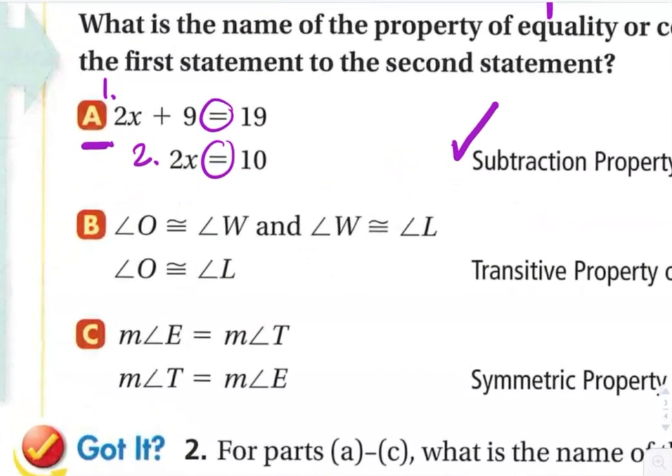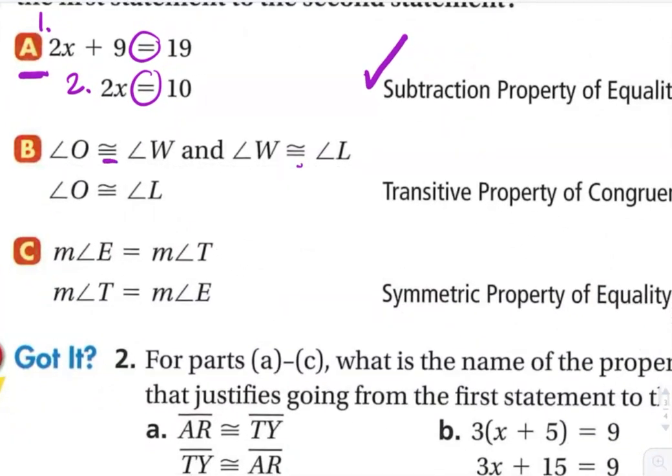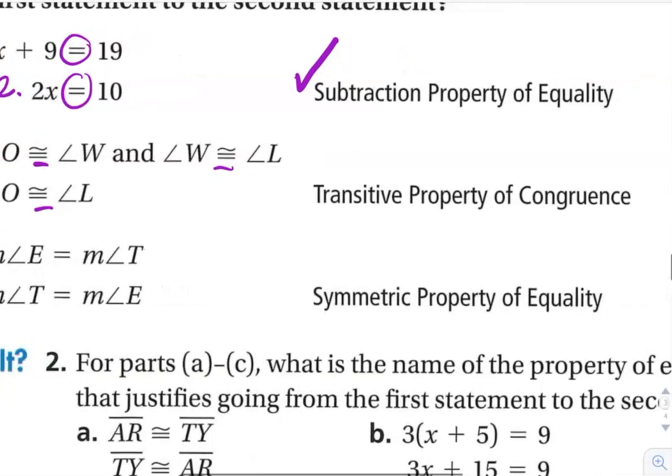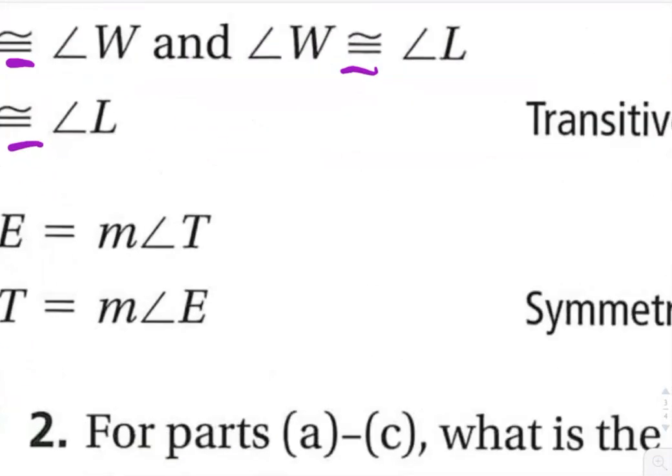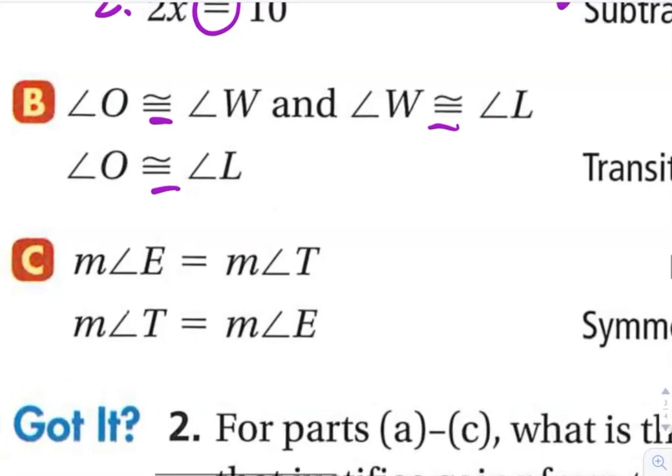The next one here, little hint, I have that congruent sign, right? So that's why we're saying congruence here. And so here we have 3 statements. That's going to be a hint to me that we're going to be using transitive anyways, but think about, okay, angle O is congruent to angle W is congruent to angle L, so then I can then state that angle O and angle L are congruent, right?